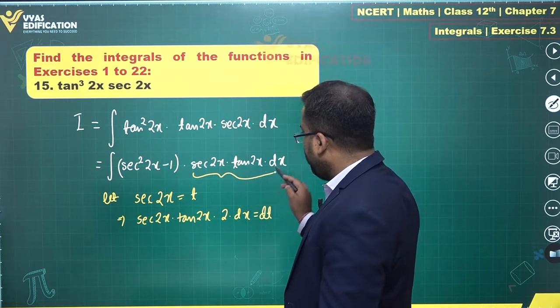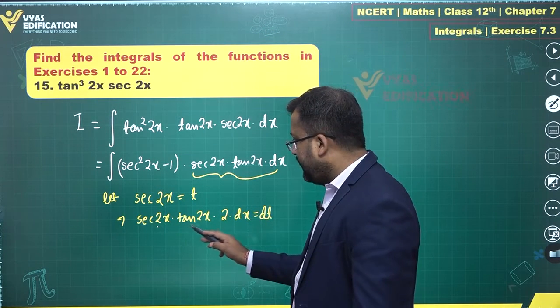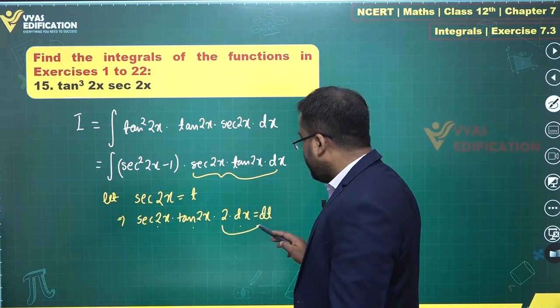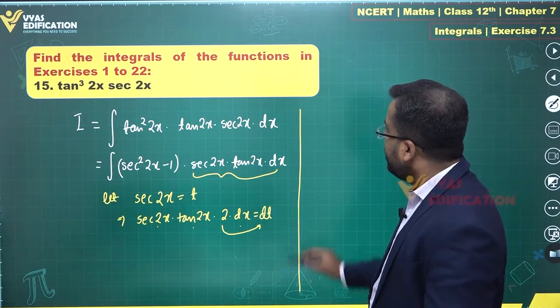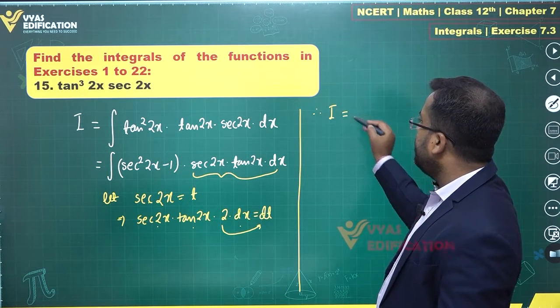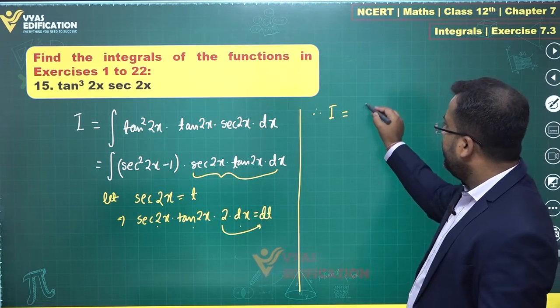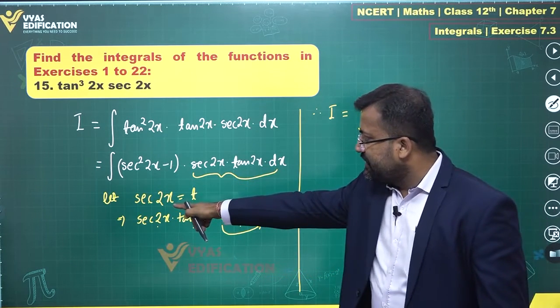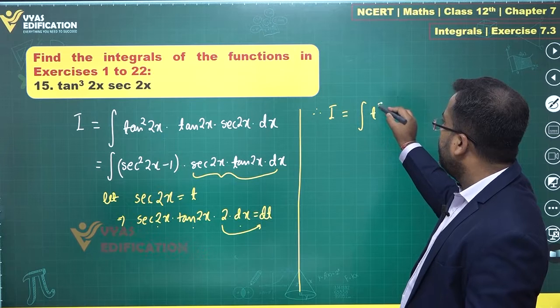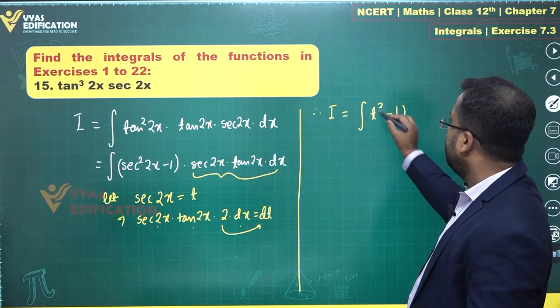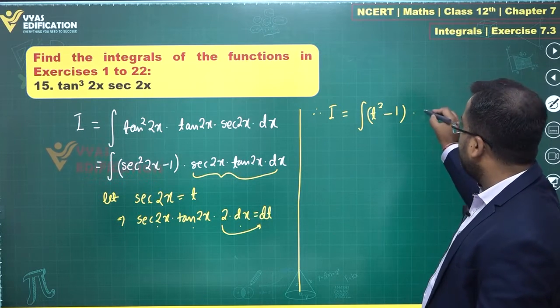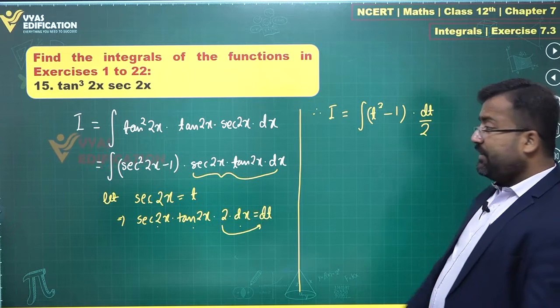Sec 2x tan 2x dx, this 2 will come over here, and therefore I will be equal to integral of sec square 2x, which is t square, minus 1 times dt by 2. Is what I'll be getting, right?